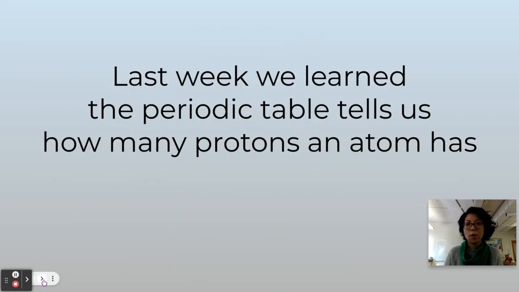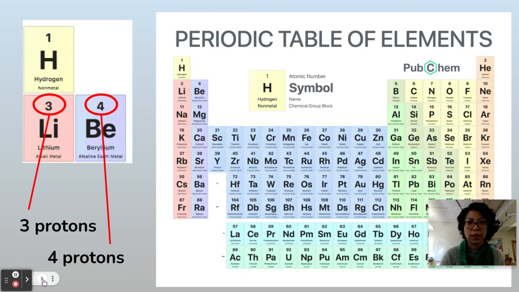Okay. So before this, you might remember that we learned the periodic table can tell us how many protons an atom has just by looking at it. I'll give you an example here. If we zoomed in on this corner of the periodic table, we would see a little number above each element.